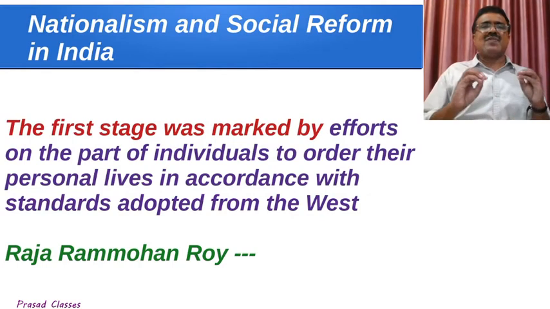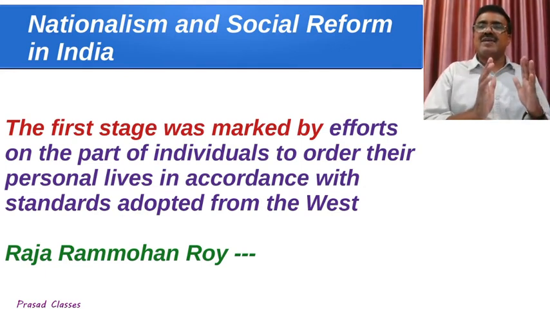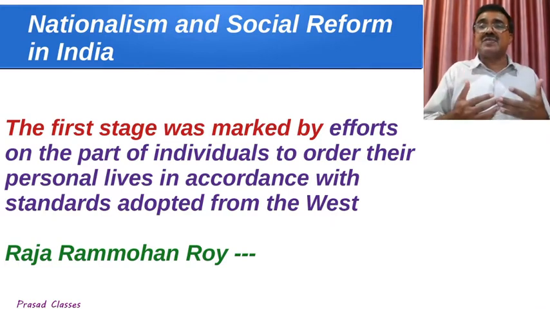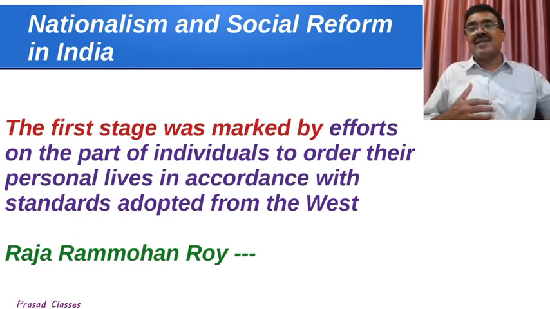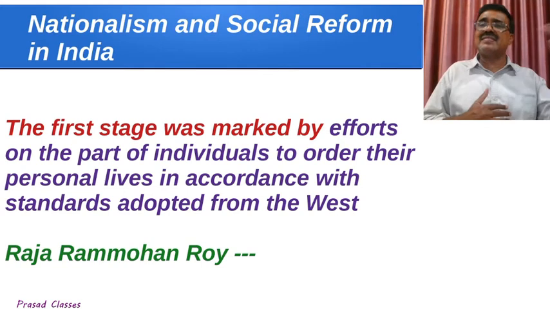The first stage was marked by efforts on the part of individuals to order their personal life in accordance with the standards adopted from the West. It is the usual thing happening in every society, adopting the standards of life of the ruling people. That tendency is there, and it is very common in every society.